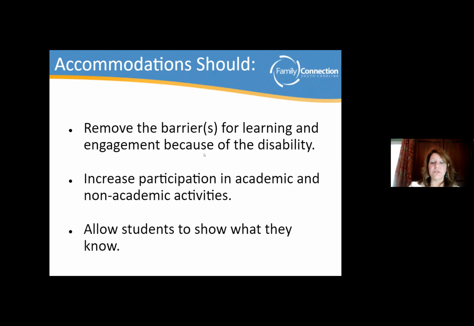Ideally, they're increasing participation in academic and non-academic activities. And the goal there is to allow students to show what they know. So they're able to demonstrate their knowledge in maybe different ways or respond in different ways, but the difficulty of the task has not changed, and the content material has not changed.